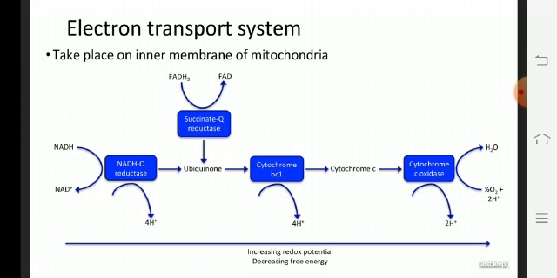It also takes place in the mitochondrial matrix. Then it enters the Racker's particles, or F1 particles. There will be an electron transport system. The series of electrons will be transferred from one side to another side. There will be a formation of water molecules. Okay, this is the mechanism of aerobic respiration.